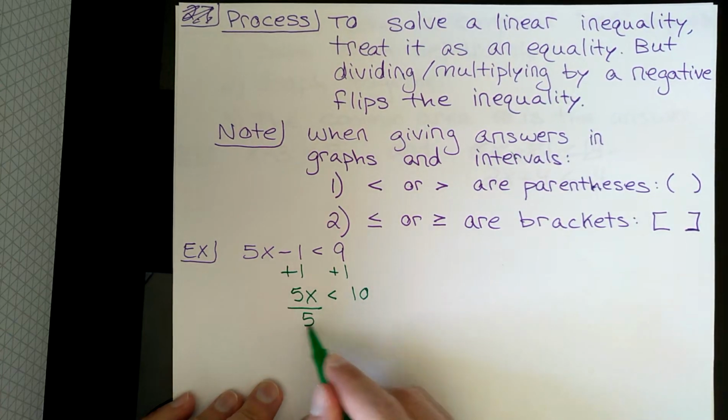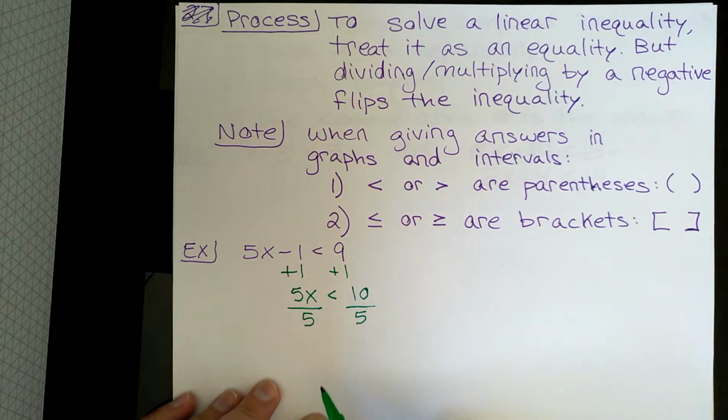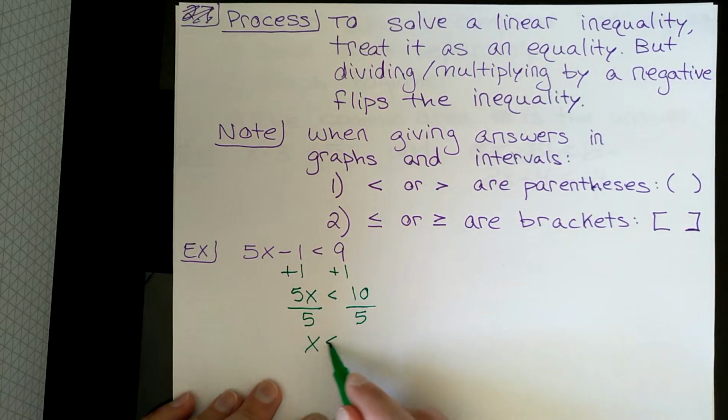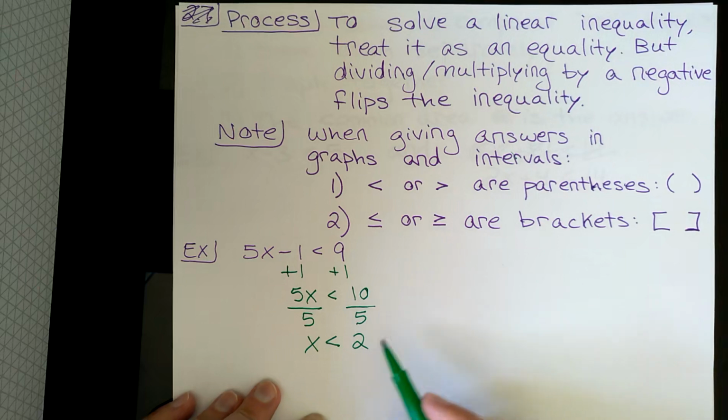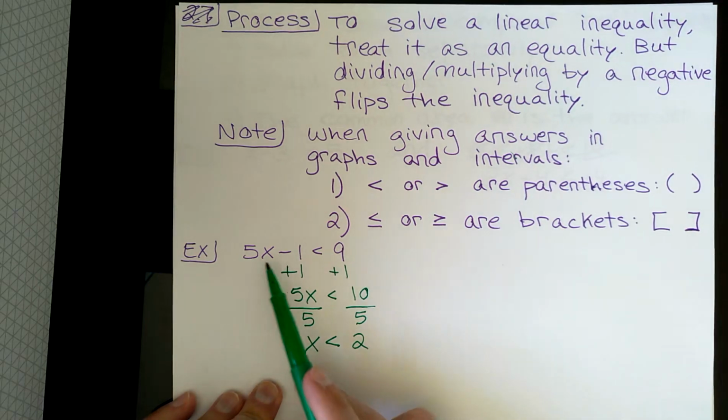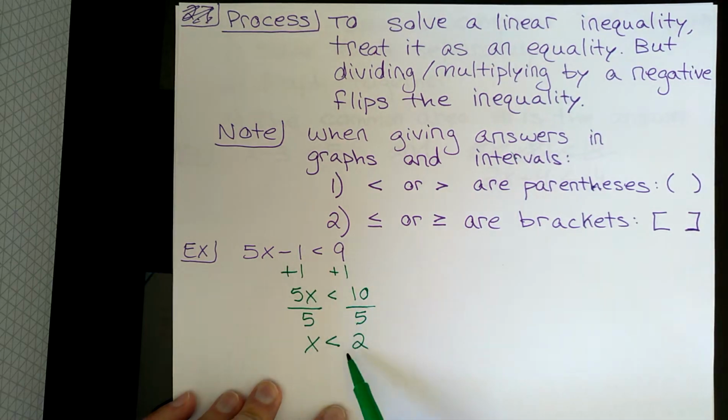And then we will divide each side by 5 to get the x alone, which gives us x is less than 2. We didn't flip the inequality because we didn't divide or multiply by a negative number. So x is less than 2 represents all of the answers to this original inequality, every number less than 2.